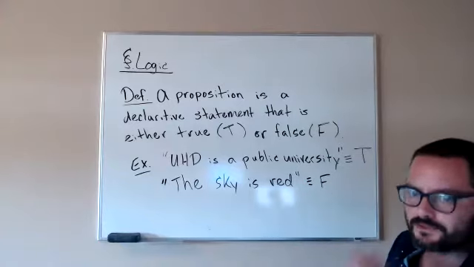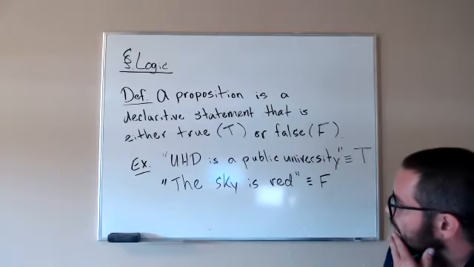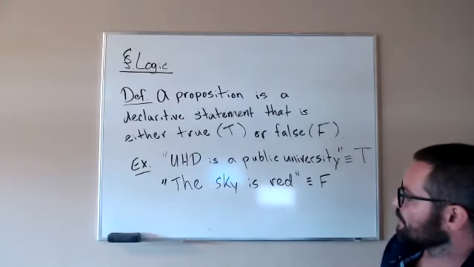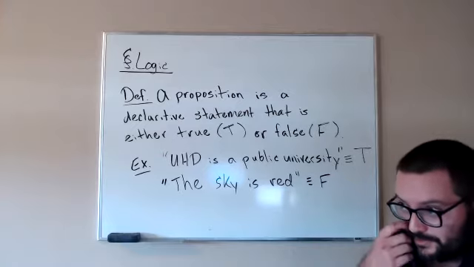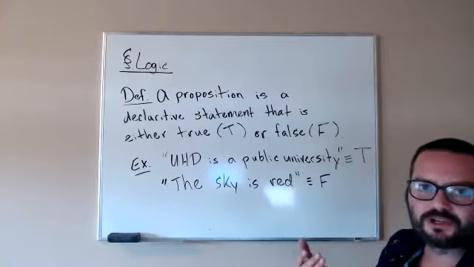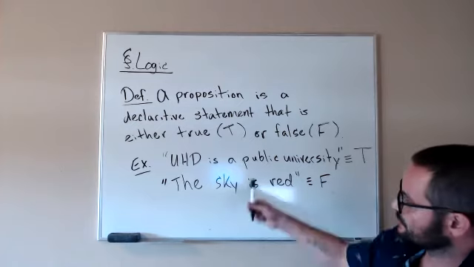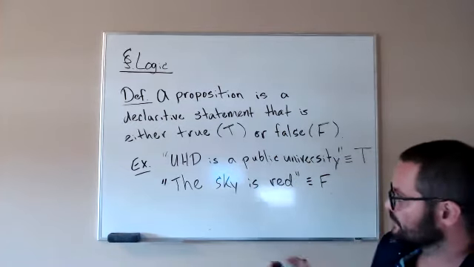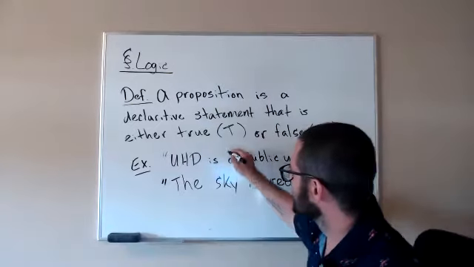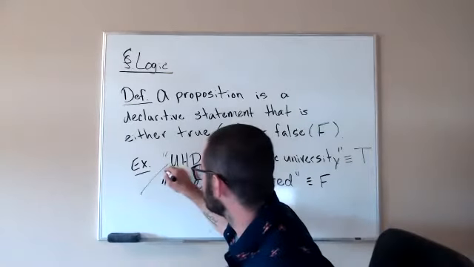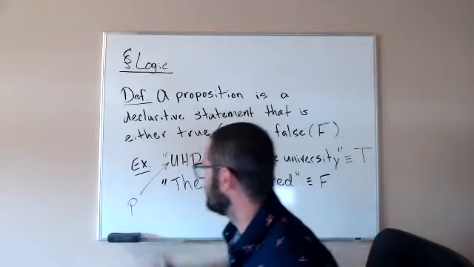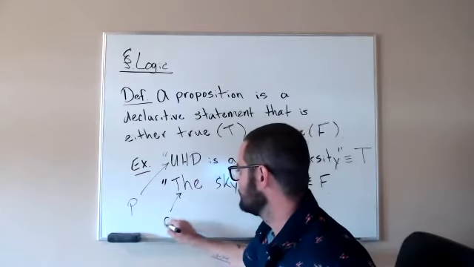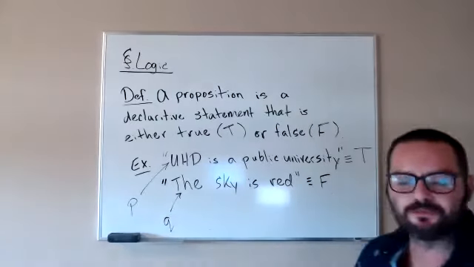Okay. So now, when dealing with propositions, we're going to want to work with them almost like in an algebraic manner. And when we do that, we're not going to write out entire propositions like this. What we'll do is we'll say that, like here, this first proposition, we could call lowercase p. And then this proposition here, we can denote that by q.